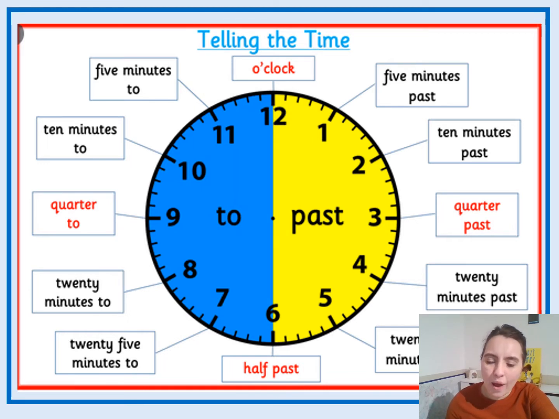And you can quite clearly see there that the yellow half of our clock is past. So we say that it's past the hour. And the blue half of our clock is to. And that just means that we're counting to the next hour then. Once we pass that halfway mark, we're then counting to the next hour. So hopefully that is a real visual way for you to see the past and the to there.